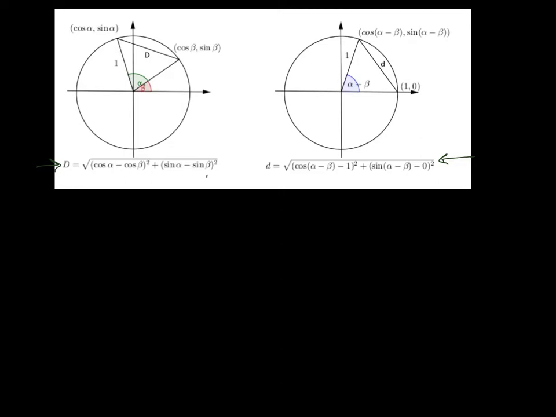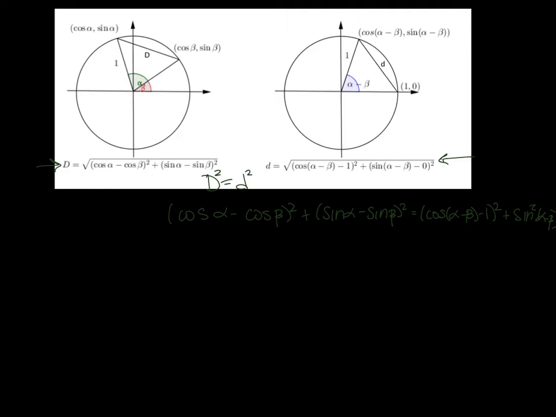I mentioned that the lengths are the same, but that means that the squares of the lengths are the same, which means that cosine of alpha minus cosine of beta, squared, plus the sine of alpha minus the sine of beta, squared, is going to equal the cosine of alpha minus beta minus 1, squared, along with sine squared of alpha minus beta.